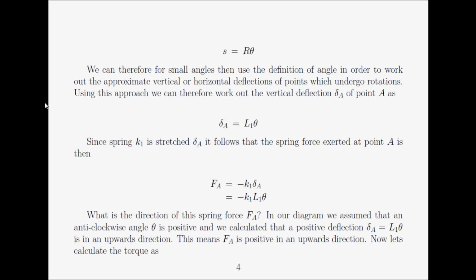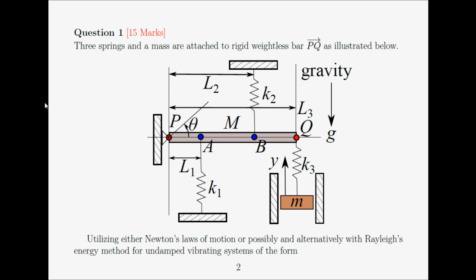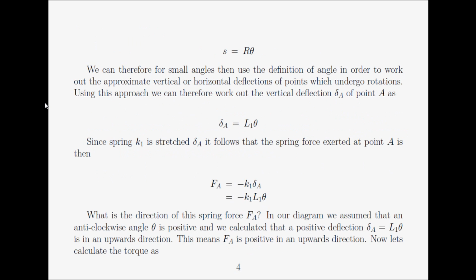S is equal to R times theta. S is delta A, the vertical deflection or arc length, which is an approximation of the vertical deflection. L1 is the corresponding radius, and the angle theta is just theta. So if we have the vertical deflection for the point A, this will stretch the spring K1 a distance delta A. Using our fundamental equations, the retarding spring force is minus the spring constant times the deflection.